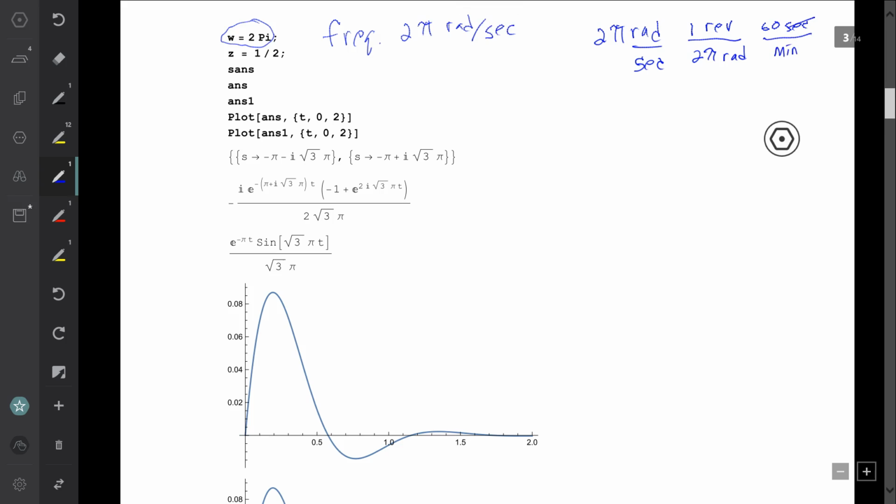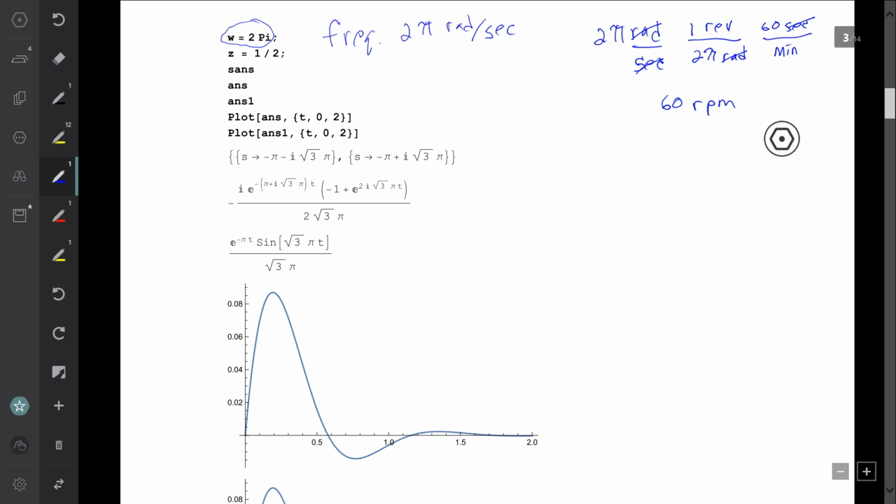And so you cancel the seconds, you cancel the radians, and you're left with revolutions per minute. So it would be 2 pi divided by 2 pi times 60. So this would be 60 RPM. Be able to convert back and forth between units on that.